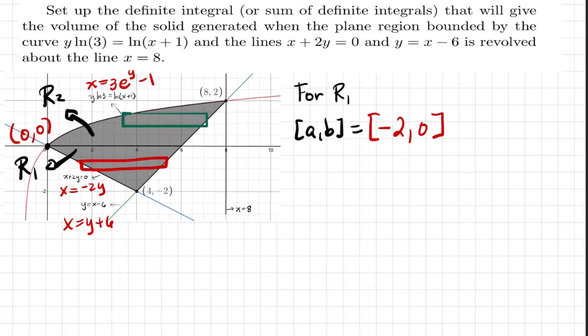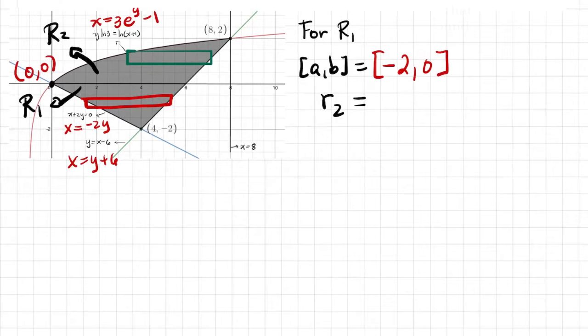How about the radius? R2 is the distance from the farther tip to the axis of revolution. So with this orientation, how do we find the length from this point to this point? That is the right curve minus the left curve.